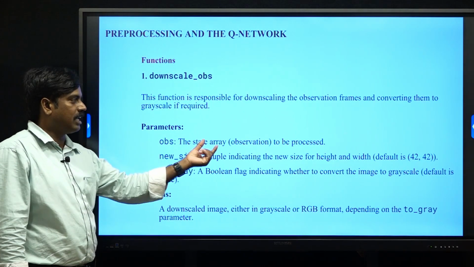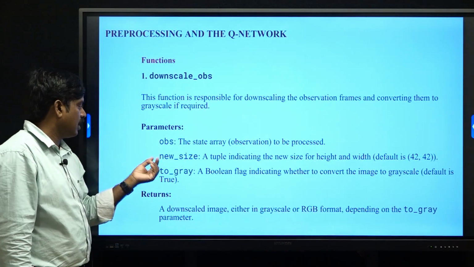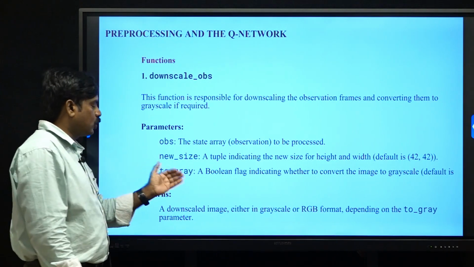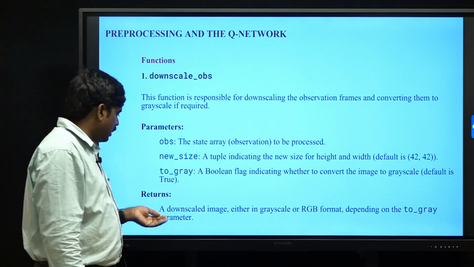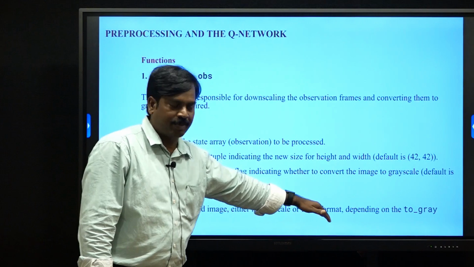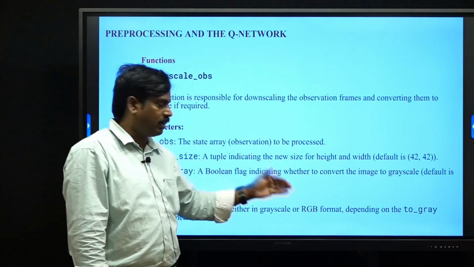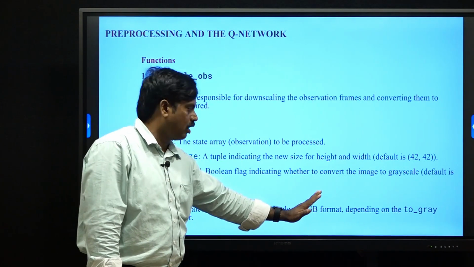obs is the state array to be processed, that is, which frame we are processing. new_size is the rescaling size, and to_gray says whether it needs to be converted into grayscale or not. So, it returns the downscaled image either in grayscale or RGB format. If the to_gray boolean value is false, it is in RGB format. If it is true, it is in grayscale format.